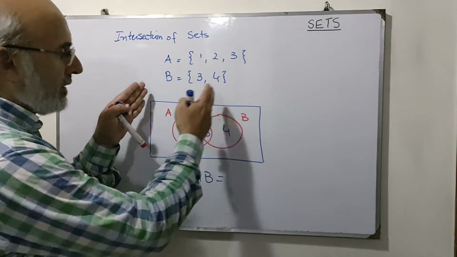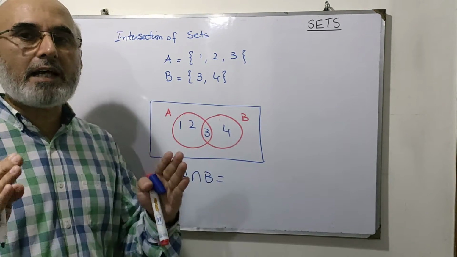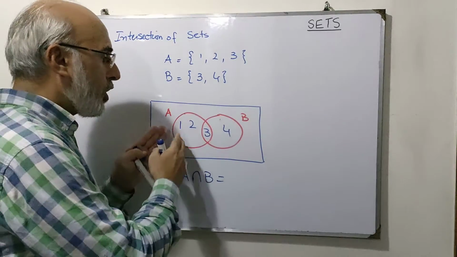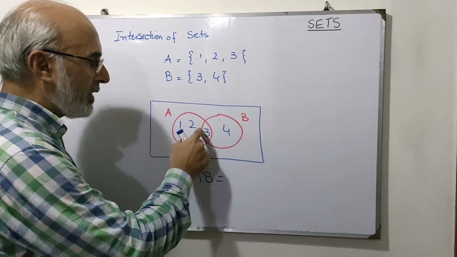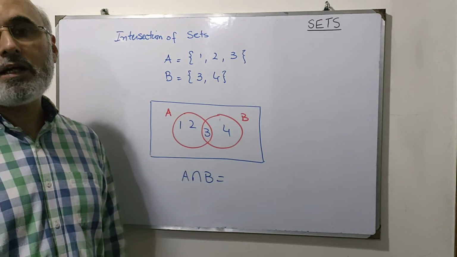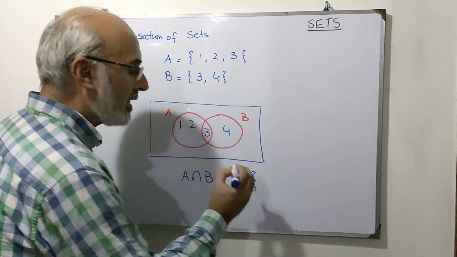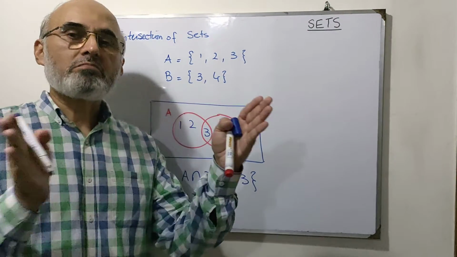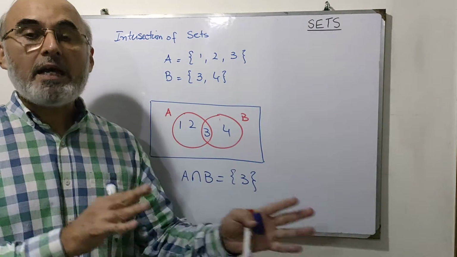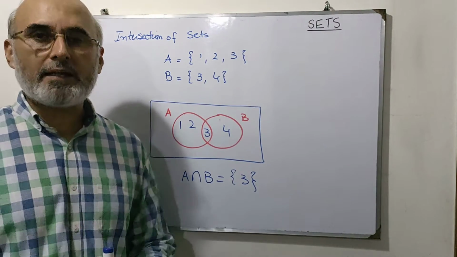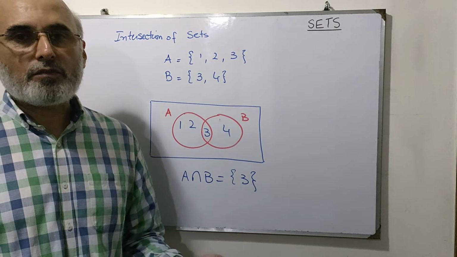This Venn diagram is very clearly helping us see what is common between A and B. The only common thing between A and B is the number 3. So A intersection B is 3. So union gives us the collection of all the elements which both the sets have, and the intersection gives us commonality. Whatever is common is in the intersection of the two sets.